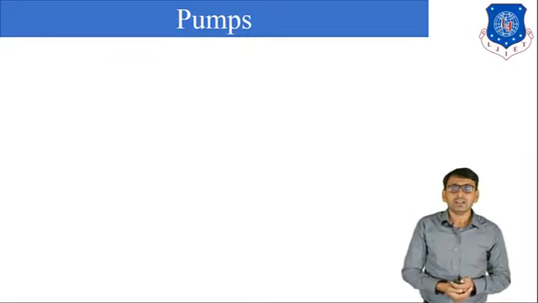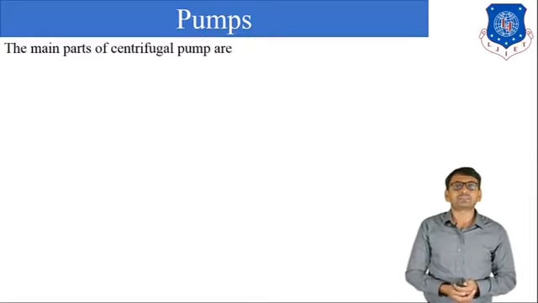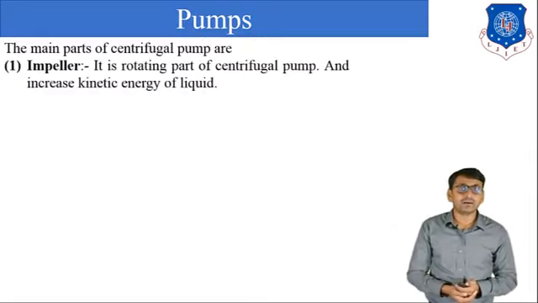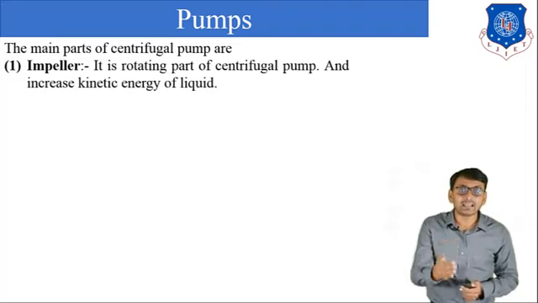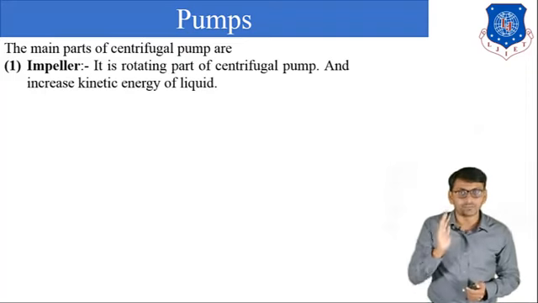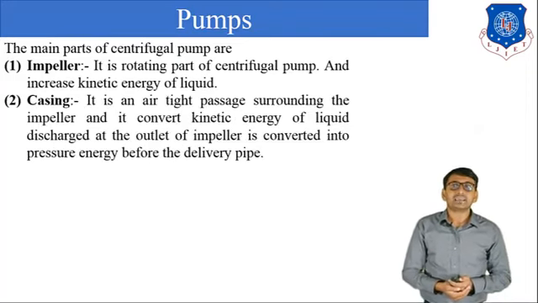Okay. Now the main parts of a centrifugal pump are, first, the impeller. It is the rotating part of the centrifugal pump and it increases the kinetic energy of water. Second, the casing.